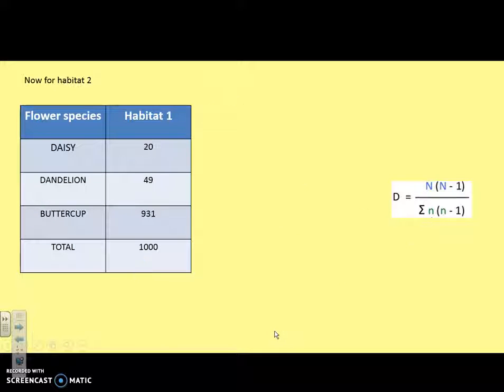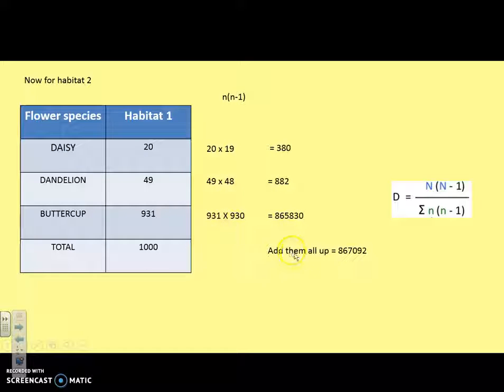Let's do the same with habitat 2. This should say 2 over here. I didn't correct that when I put it in, but just remember that's a 2. Again, we're going to do n times n-1, so 20 times 19, 49 times 48, 931 times 930, those are the numbers. Add them all up, we've got 867,092, that's the bottom of our fraction.